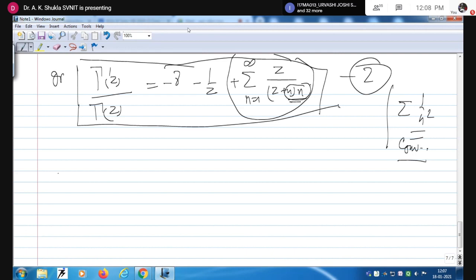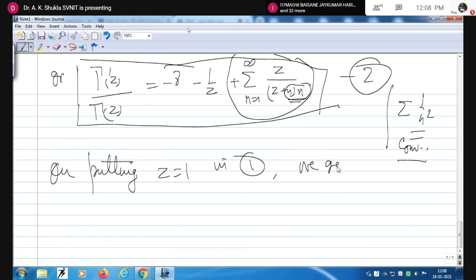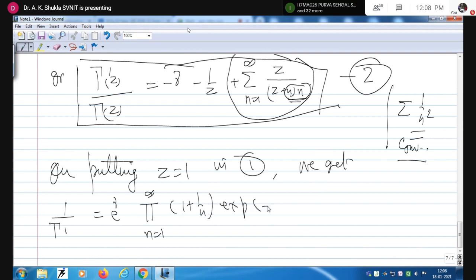On putting z equal to 1 in 1, we get 1 upon gamma 1 equal to e raised to power gamma, times the product, n equal to 1 to infinity, of 1 plus 1 upon n, times e raised to minus 1 upon n.